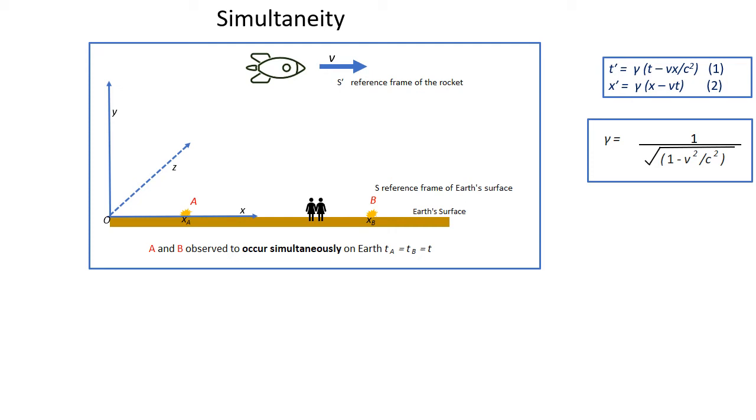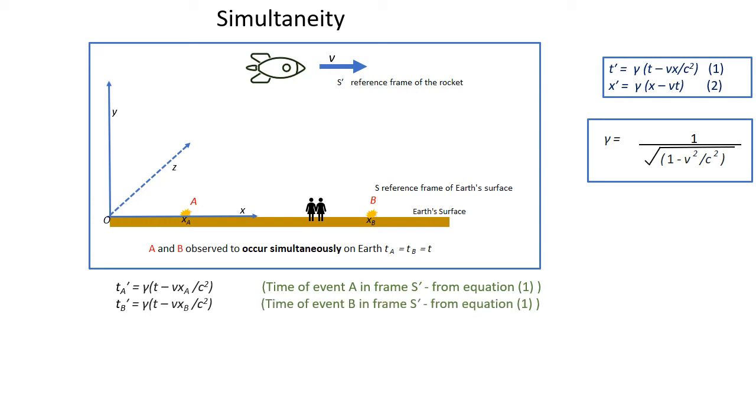So if you have an Earth-based observer who sees two events, A and B, to occur simultaneously, then if we also suppose we have a rocket moving at a constant velocity v in the x direction, then the time of event A in the rocket's frame is given as gamma into t minus vxa over c squared, and the time of event B in the rocket's frame is given as gamma into t minus vxb over c squared.